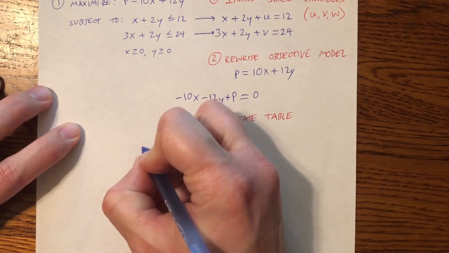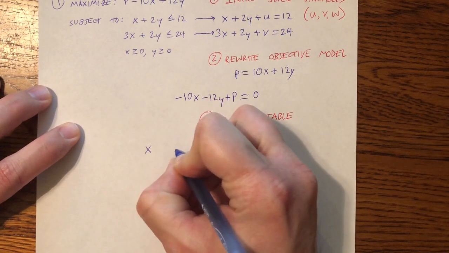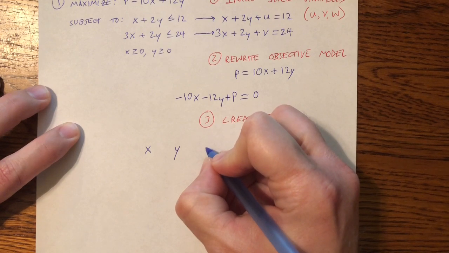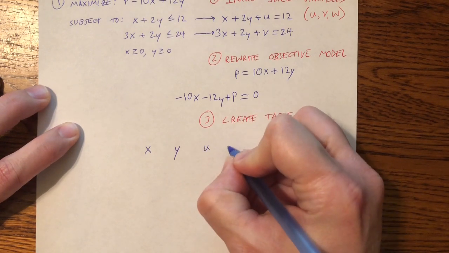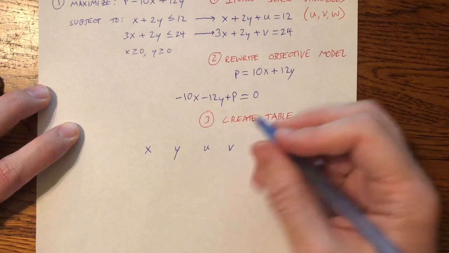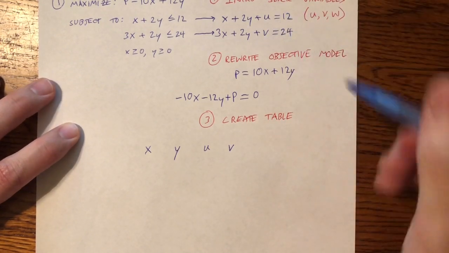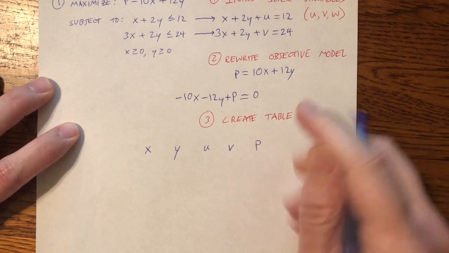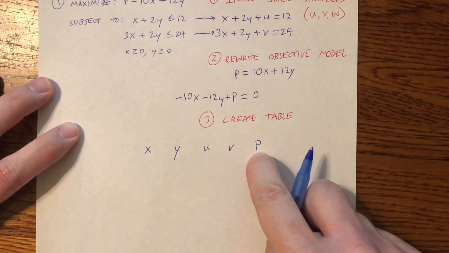Our column headings for our table will be X, Y, and then our slack variable column headings will be U and V. We only need 2 in this case because we only had 2 given inequalities. And then you're going to have your P column, which is your maximization column.